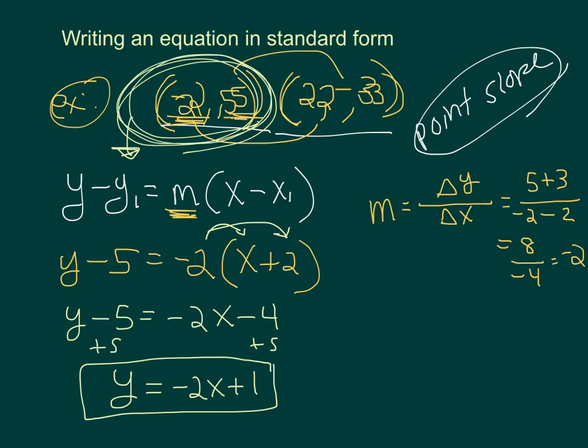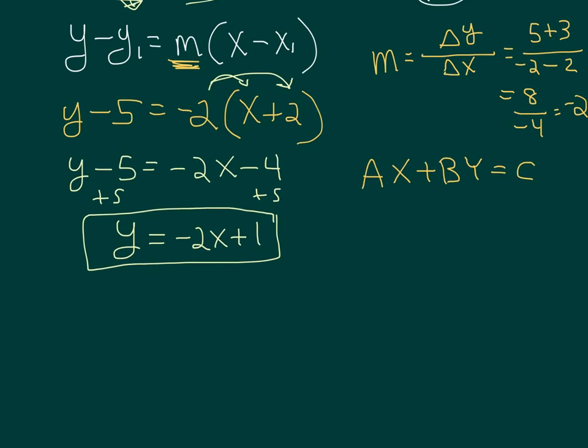Now, because it's saying to write it in standard form, I'm going to write the general form, which is ax plus by equals c, just to have in front of me so I remember what variables need to be where. And remember, c is just a constant. C is just whatever number it is. And I noticed that my term with the x has to be on the left side. So I'm going to start with y equals negative 2x plus 1.